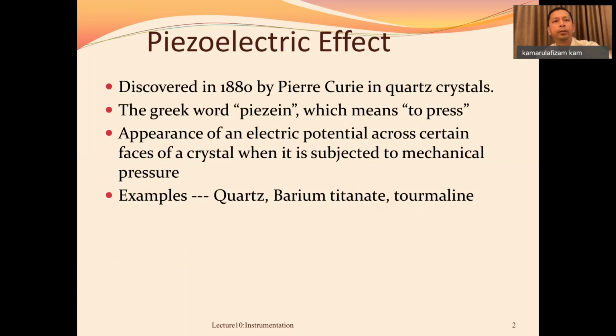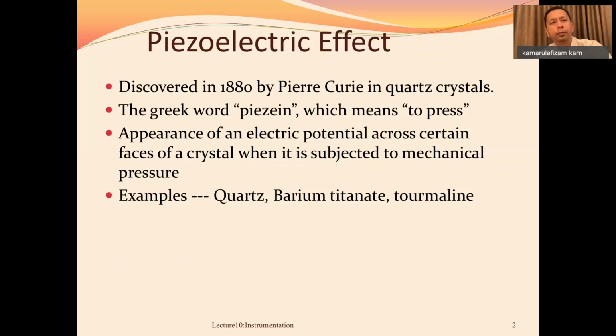The piezoelectric effect was discovered in 1880 by Pierre Curie in quartz crystal. It came from the word piezo, which means to press. Basically, the piezoelectric effect refers to the study of how potential appears across certain faces of a crystal, especially when it is subjected to mechanical pressure.